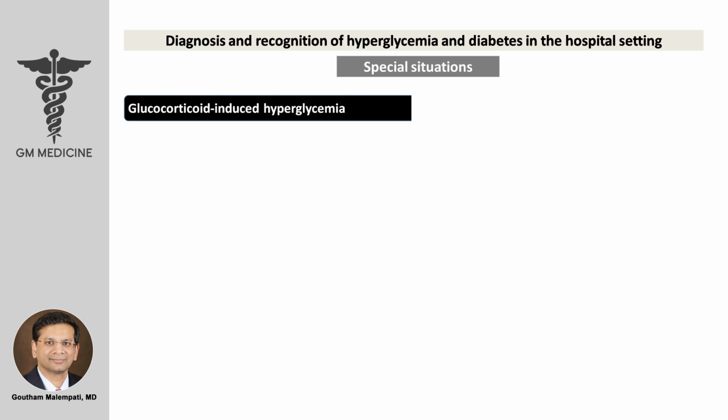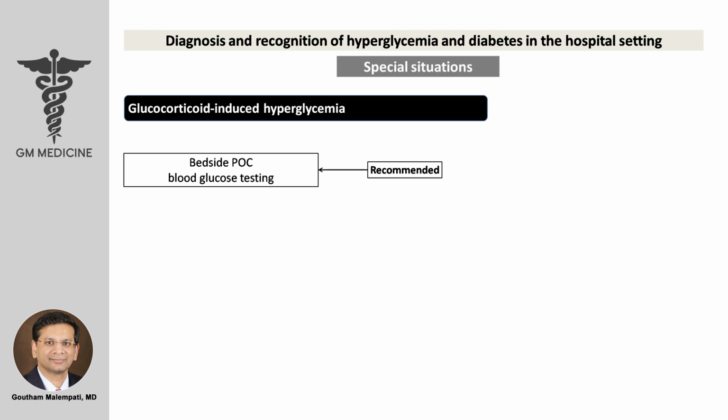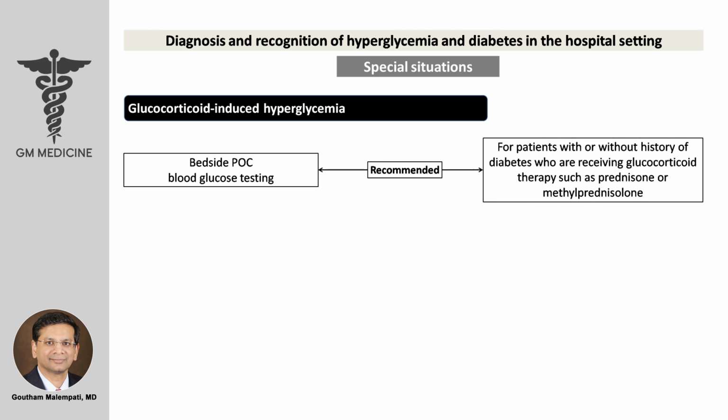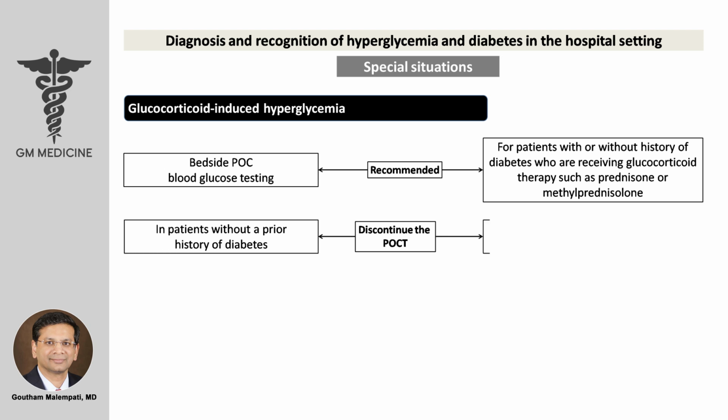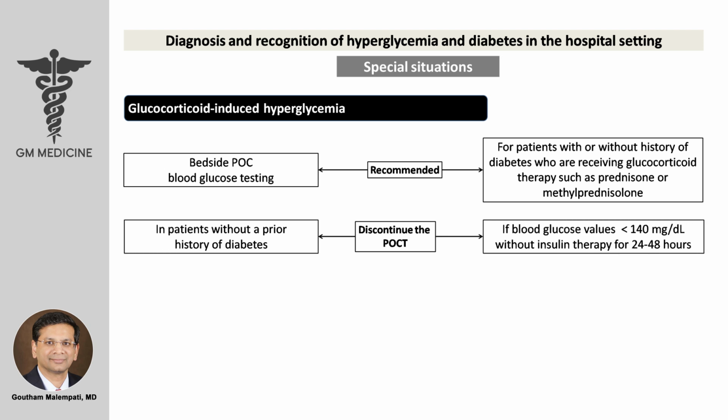3. Glucocorticoid-induced hyperglycemia. Recommend bedside point-of-care blood glucose testing be initiated for patients with or without history of diabetes who are receiving glucocorticoid therapy such as prednisone or methylprednisolone. The point-of-care testing can be discontinued in patients with no prior history of diabetes if blood glucose results are below 140 milligrams per deciliter without insulin therapy in a period of 24 to 48 hours.